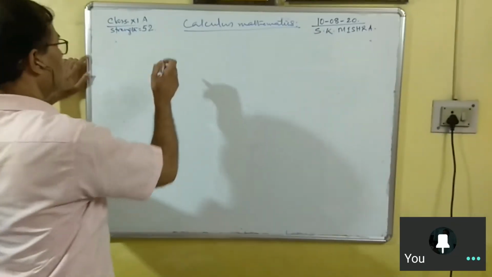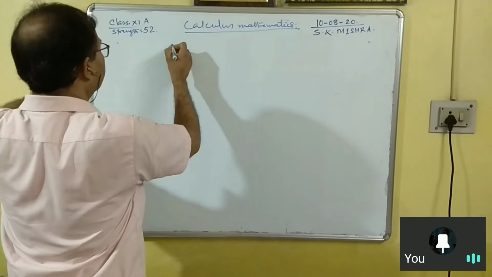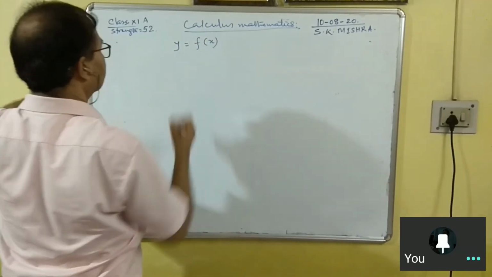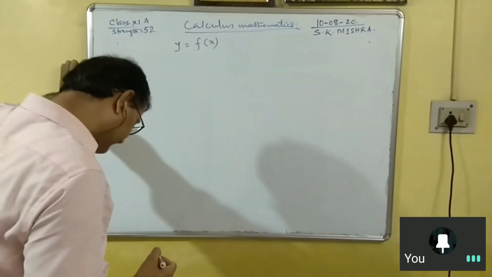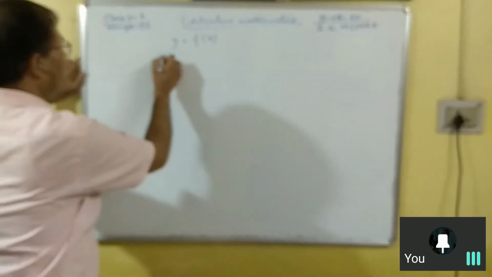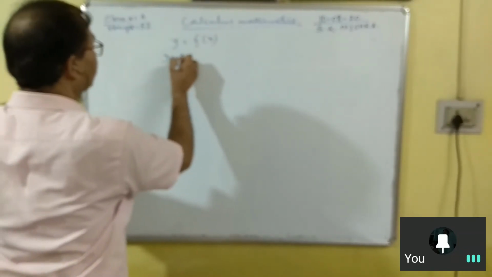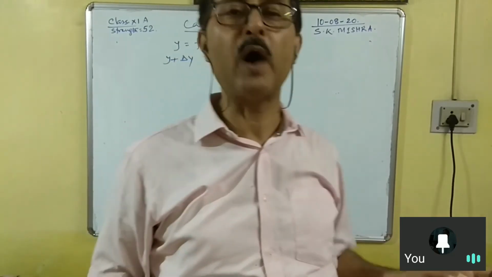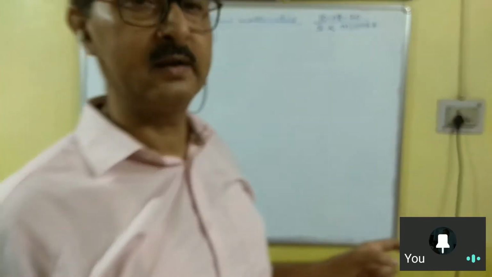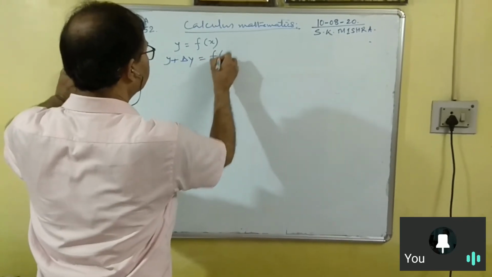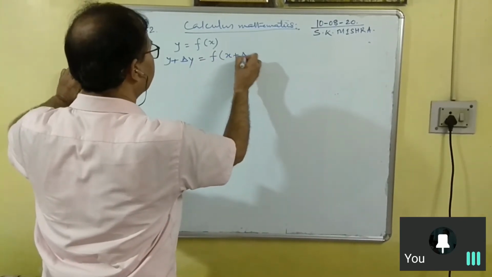So if you have a function, suppose y is equal to function of x. Then if you add a small increment in y, called delta y, then y plus delta y becomes f of x plus delta x.